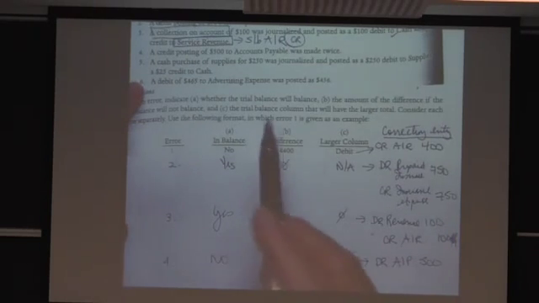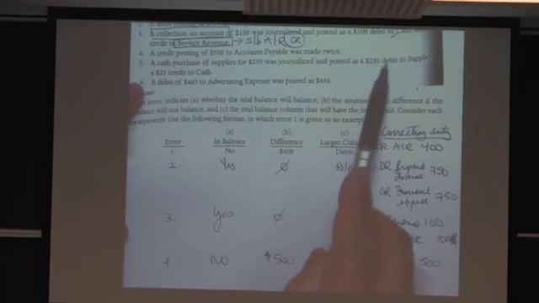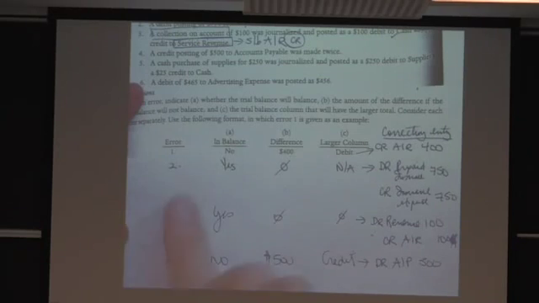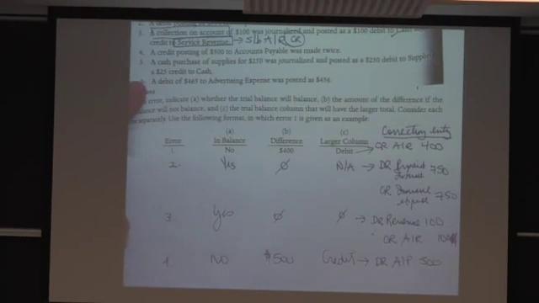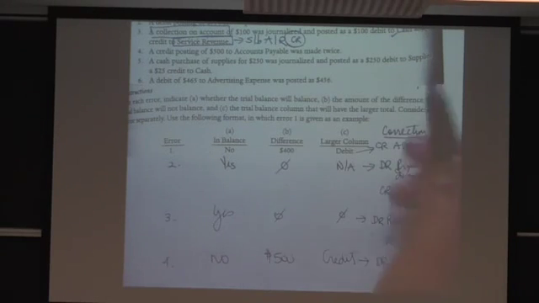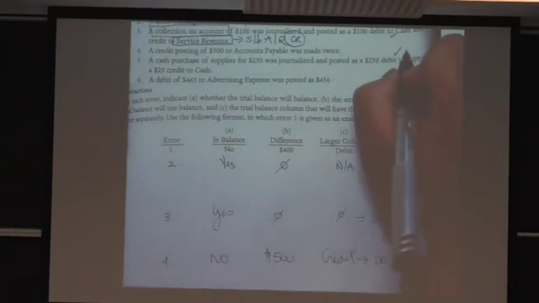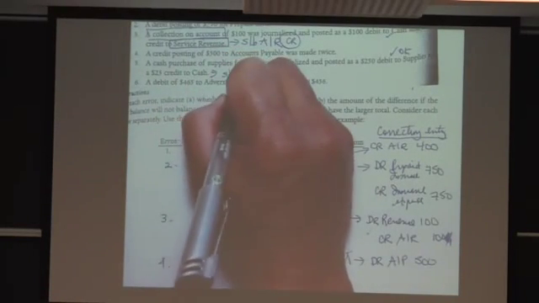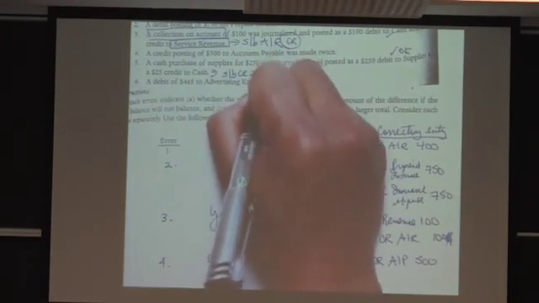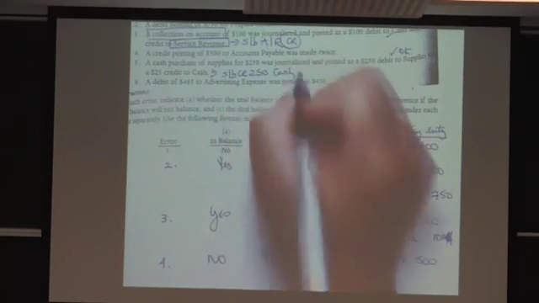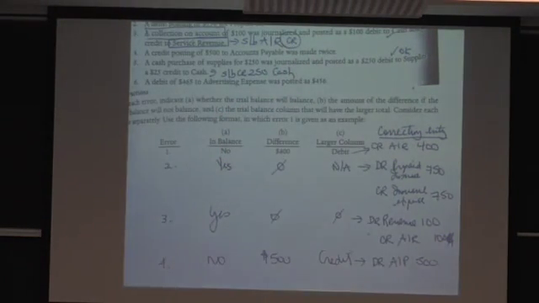Instead, it was journalized as a $250 debit to supplies and a credit to cash of $25. So that entry doesn't even balance. Okay, the debit is right, so this is good, but this one should be credit $250 cash. The account is right, but the amount is wrong.